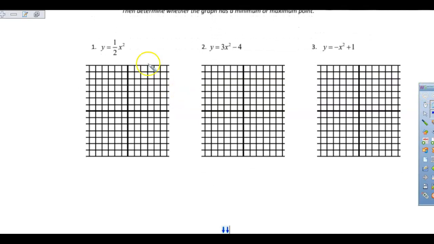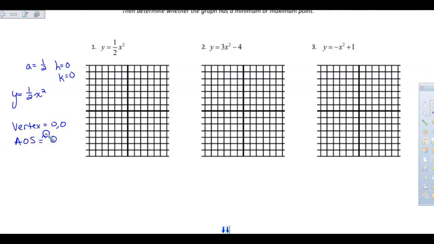When I take a look at this, I have y equals 1/2 x squared, where a is 1/2, h is 0, and k is 0. So my vertex is going to be at 0, 0. My axis of symmetry is also going to be at 0, so where x is 0.